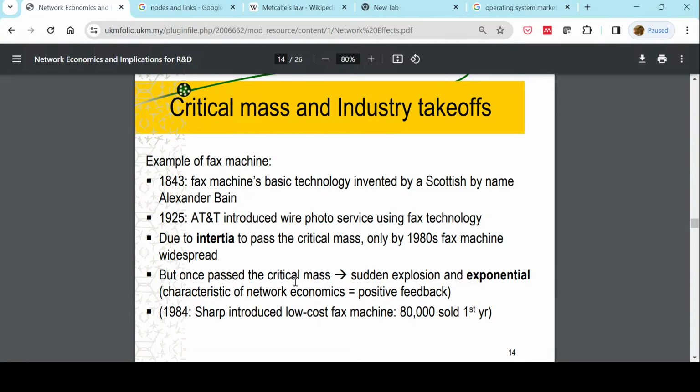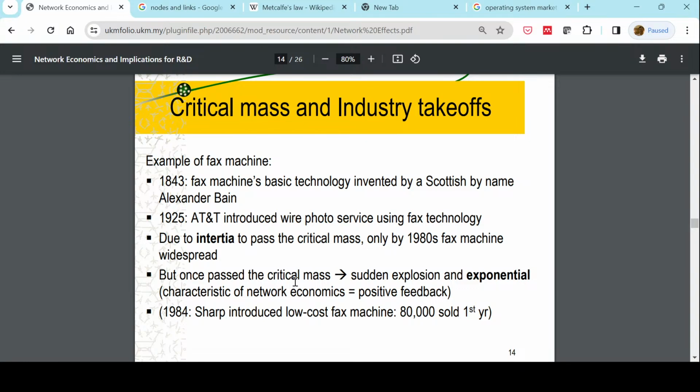Due to the inertia, to pass the critical mass, only by 1980 did the fax machine become widespread. But once past that critical mass, a sudden explosion, exponential.